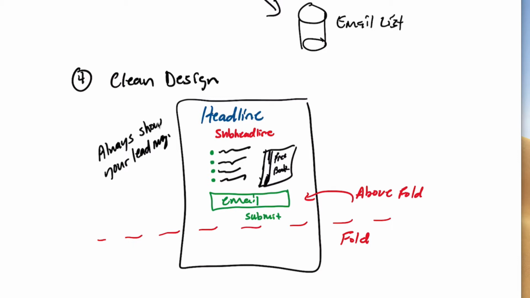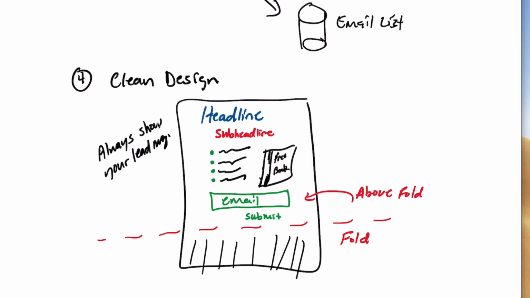You want all of this information here to be above the fold. Now you can put whatever you want below the fold, okay? This can be anything you want on this page. Doesn't matter what it is, okay?